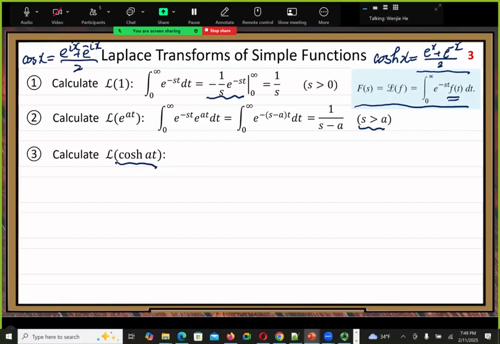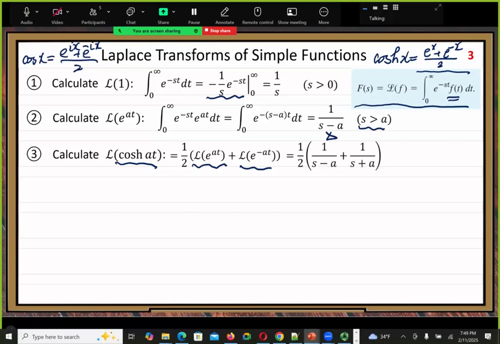By linearity, because you have 1/2 and two terms, you apply the linearity principle, you can split it in this way. And each term you can apply formula number 2. So you can find its Laplace transform in this way. So that's the hyperbolic cosine function. Similarly, the hyperbolic sine function.